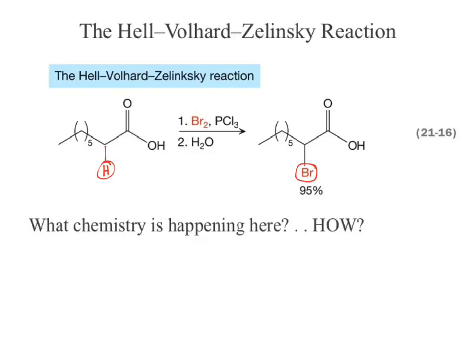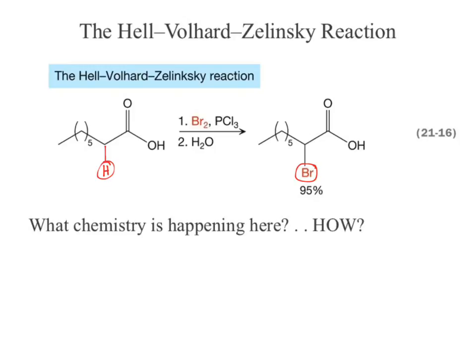Typically, how do we supply bromine? What charge would you typically associate with bromine? Negative. Is it negative bromine here? Okay, no. We're getting bromine coming in as Br2, which is an electrophile. It's positive.